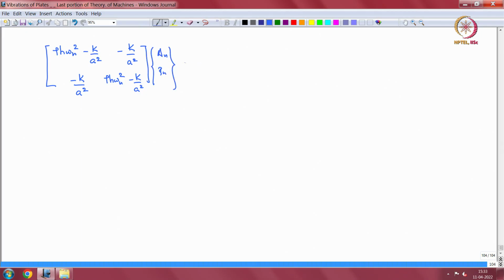And for the second case we will get the same thing, except with plus k by a^2, and rho h omega_n^2 minus k by a^2 for a_n and b_n. You can see that here is where the difference comes in, the sign, and therefore the determinant is the same.